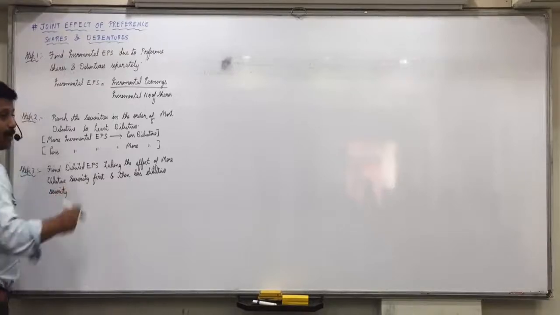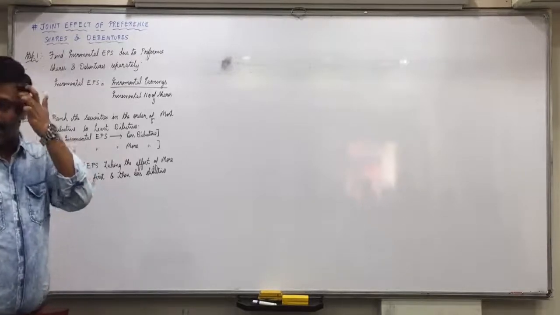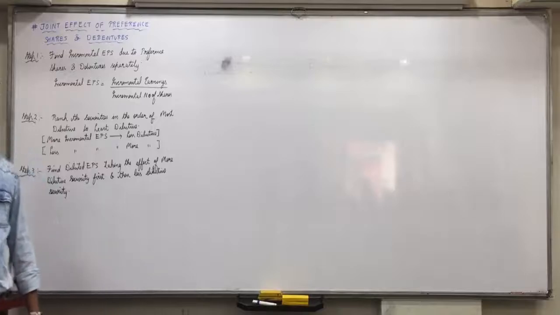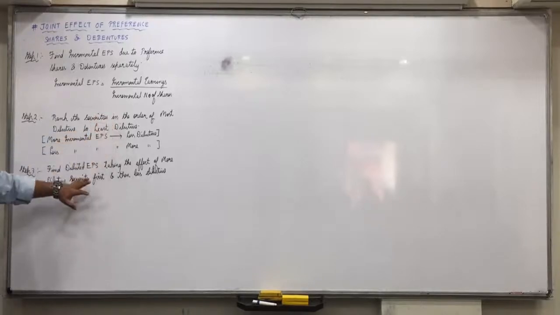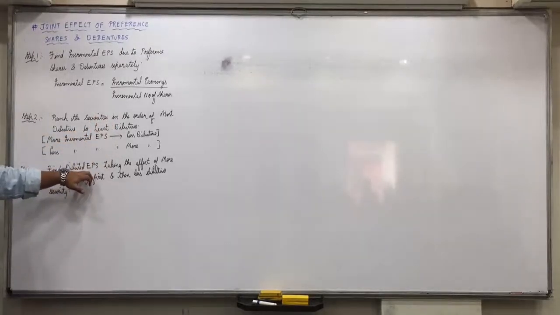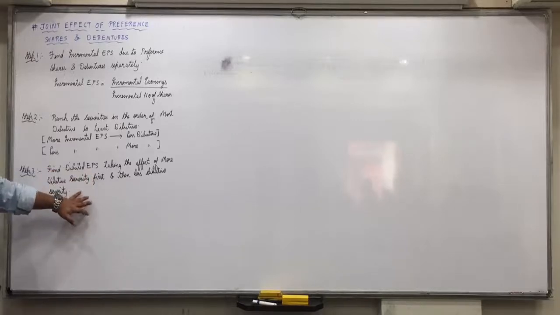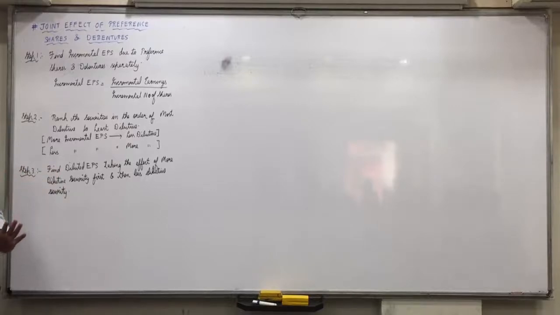When you find this diluted EPS, you get 2 diluted EPS. Suppose debentures are more dilutive out of the 2. Then first you will find diluted EPS taking the effect of debentures. After that you will find the diluted EPS taking the effect of preference shares, joint effect of both.